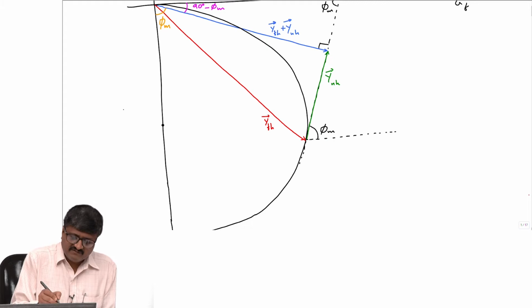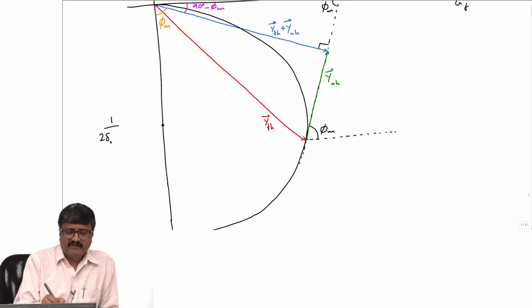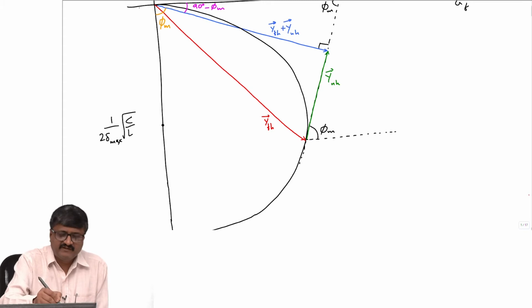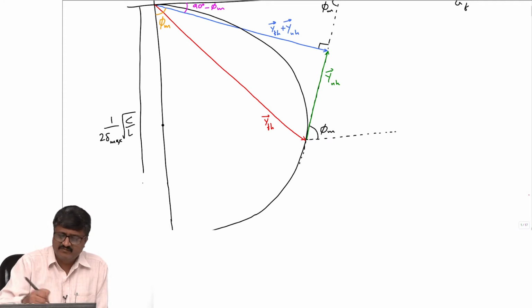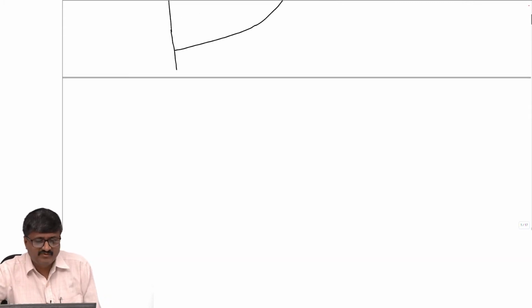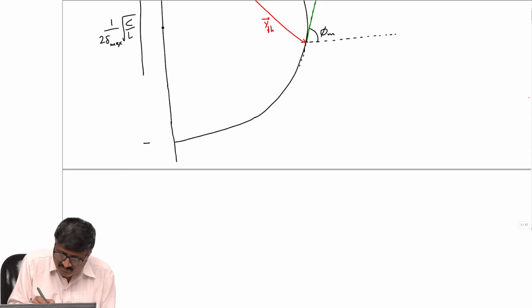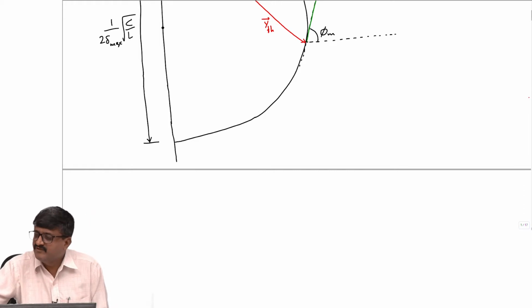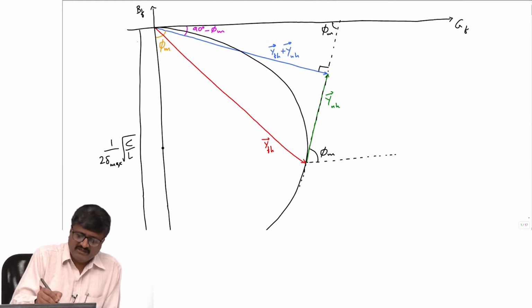The diameter of this circle is 1 by 2 delta max into square root of C by L. So that is the diameter, the distance from this point to this point.